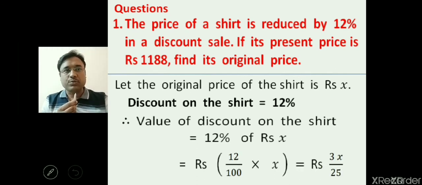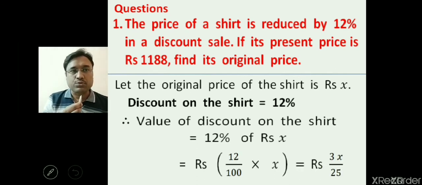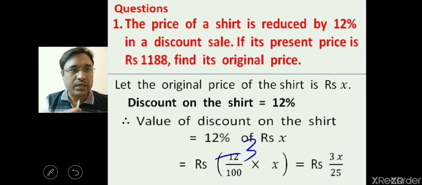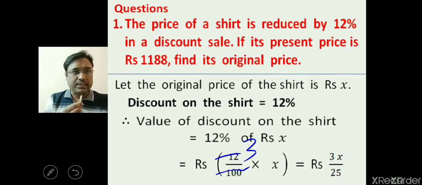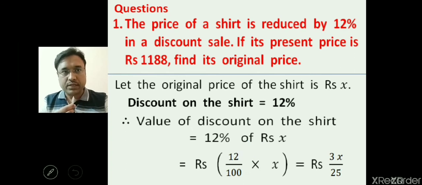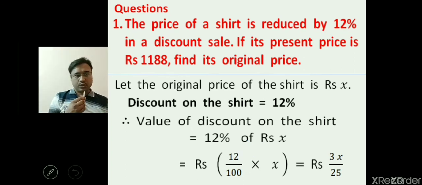12% means 12 by 100 of X, that is 12 by 100 into X. Then you will calculate: 4 into 3 you can cut, and downside 4 into 25. So you will get 3x by 25. This 3x by 25 is the value of discount on the shirt.